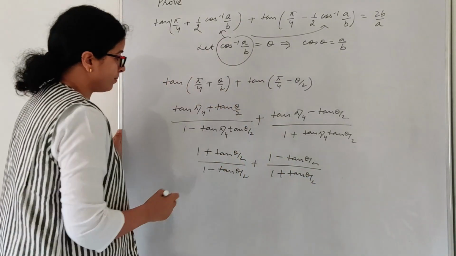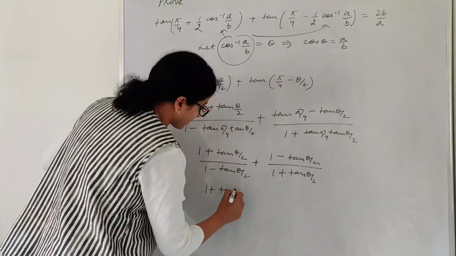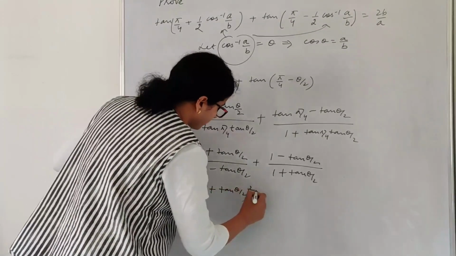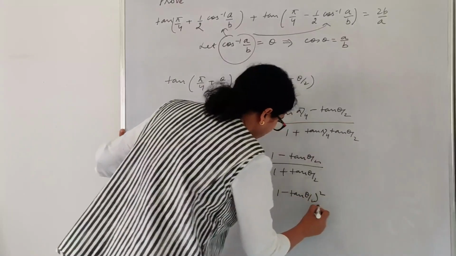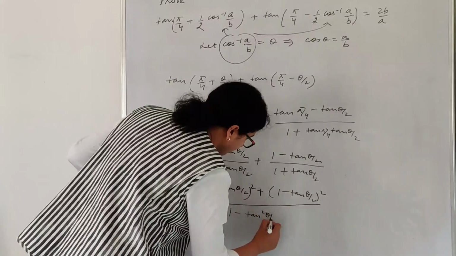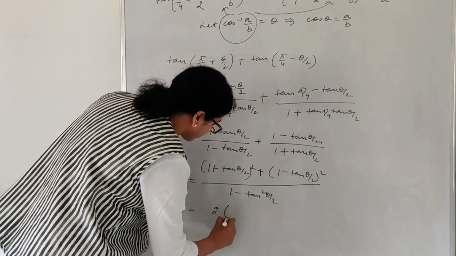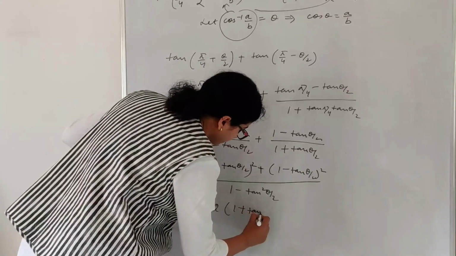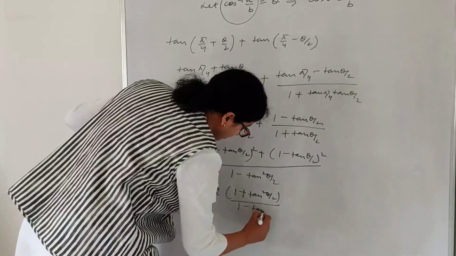Take the LCM. So what are you getting here? (1 + tan θ/2)² plus (1 − tan θ/2)² upon (1 − tan²θ/2). Right? So basically if I solve this, I will get 2(1 + tan²θ/2) upon (1 − tan²θ/2).